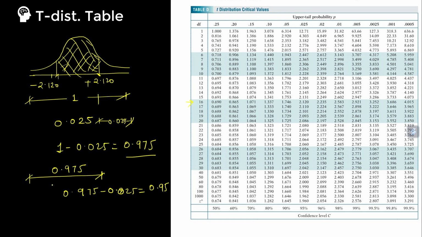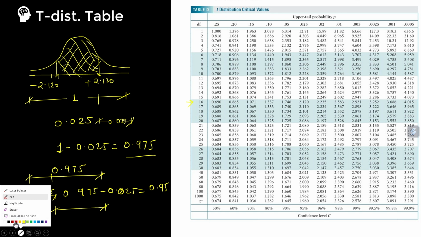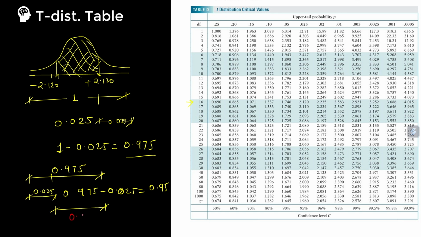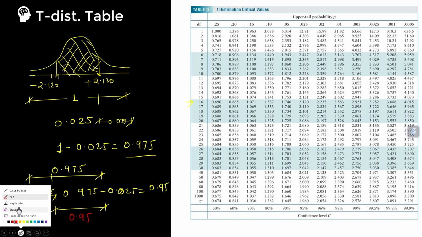Okay, so we have subtracted this 0.025 from this portion, so we are left with the between portion, which is 0.95.